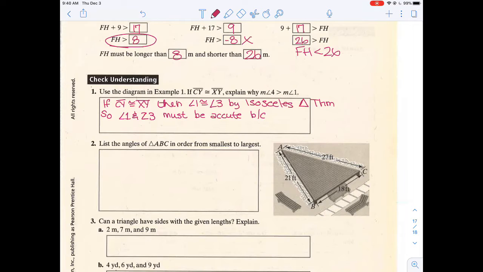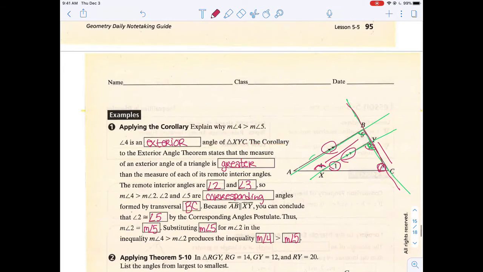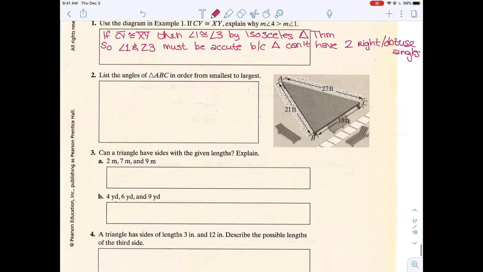because a triangle can't have two right or obtuse angles. Or it's going to add up to more than 180. Then if you look back up here, angles 1 and 4 make a straight line.